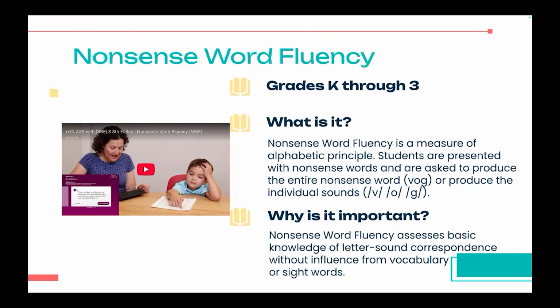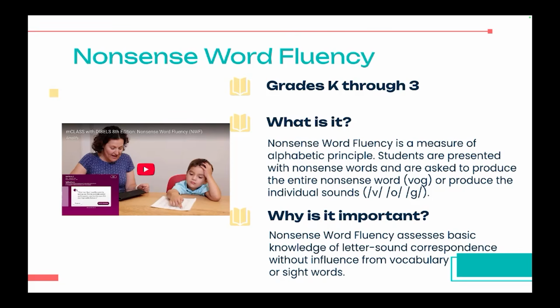So this assessment is given to students from kindergarten through grade 3. Nonsense word fluency is a measure of alphabetic principle. Students are presented with nonsense words or silly words and are asked to produce either the entire word by reading the word like vog or the individual sounds such as og.